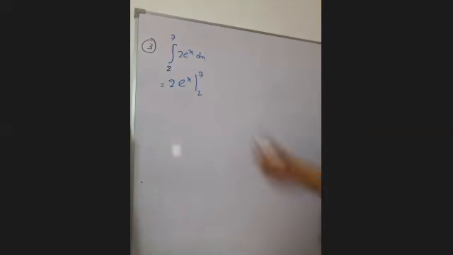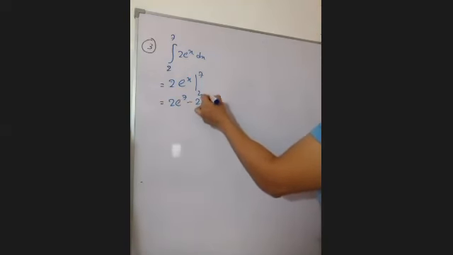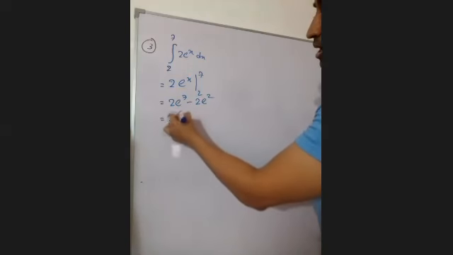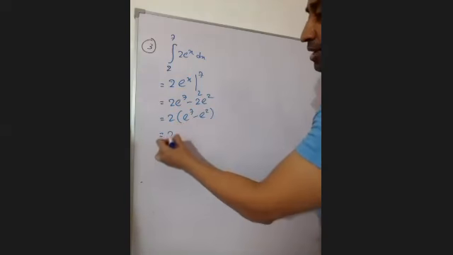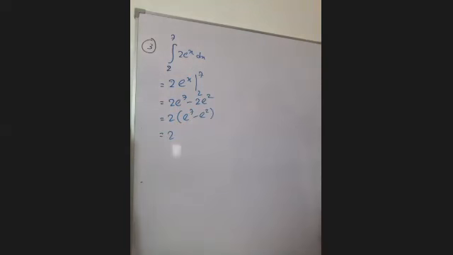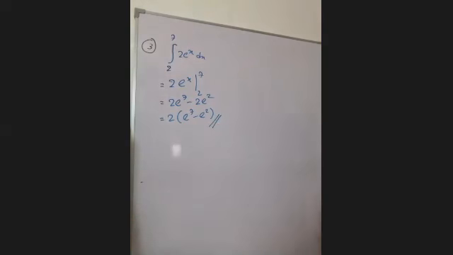Then you can say this is 2 e to the power 7 minus 2 e to the power 2. If you take 2 out, it is 2 times e to the power 7 minus e to the power 2. You cannot simplify further than that. This is the final answer for that. This is part A.